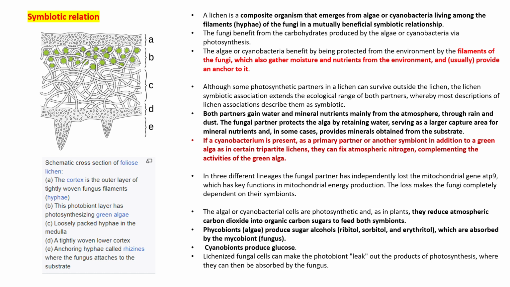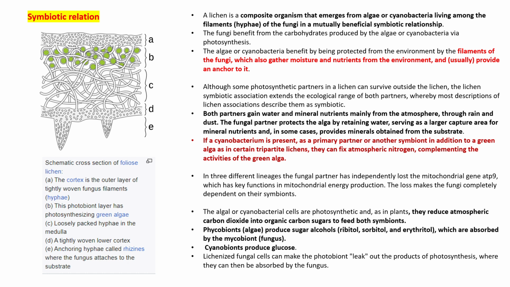Scientists observe that the fungi benefit from the carbohydrates produced by the algae or the cyanobacteria during photosynthesis, whereas the algae and the cyanobacteria benefit by being protected from the environment by the filaments of the fungi. At the same time, these fungal filaments also provide moisture and nutrients from the environment, and they also provide an anchor.